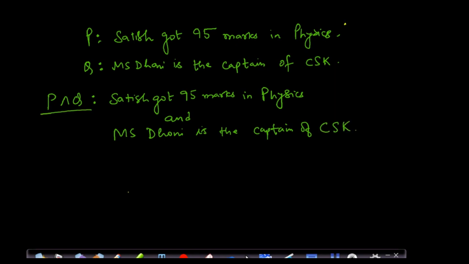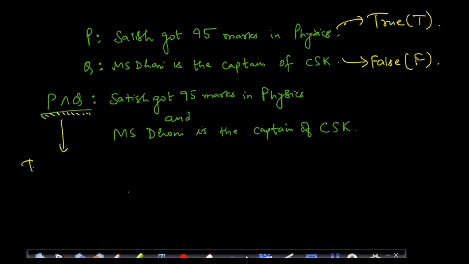Let's say P is true. And MS Dhoni is not the captain of CSK. It is Ruturaj Gaikwad. So this statement is false. Therefore, what will be the truth value of this compound proposition?